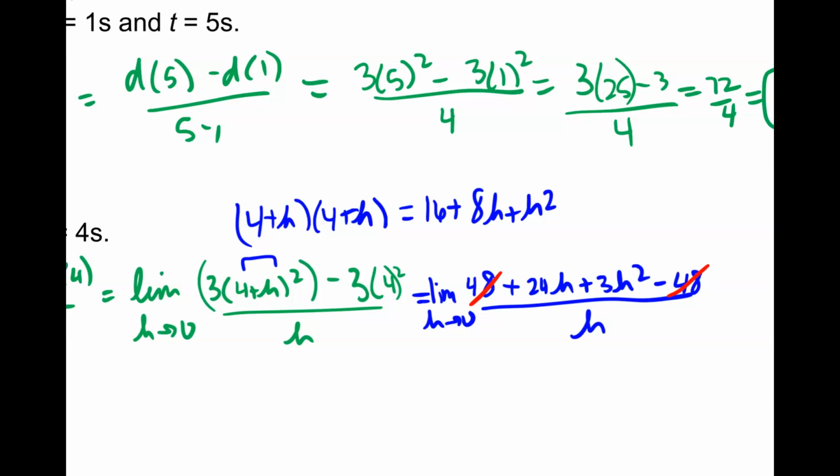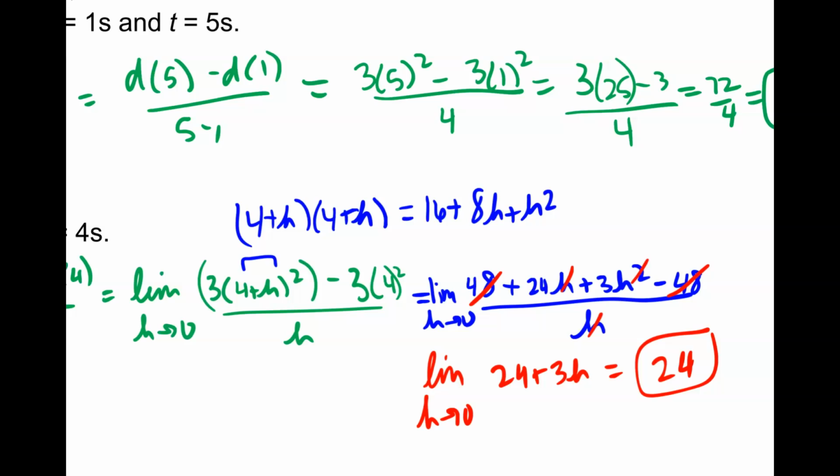Good, that cancels out. Now that I'm left with 24h plus 3h squared, you could just do this in one step. So we have the limit as h approaches 0 of 24 plus 3h. Well, that turns out to just be 24.